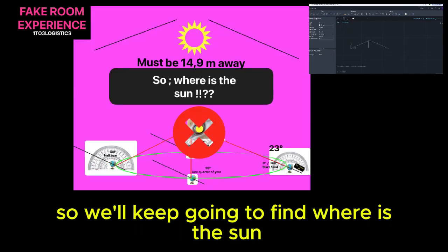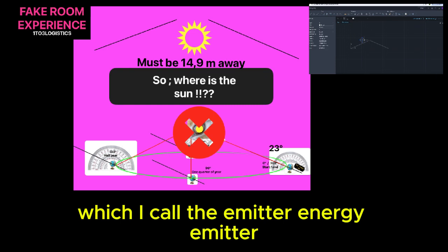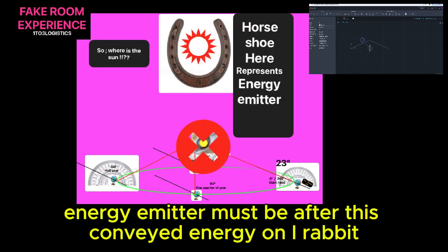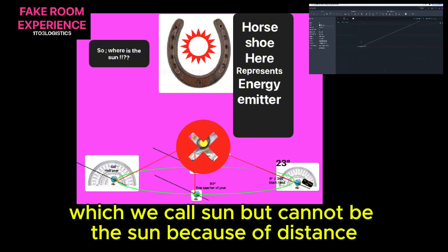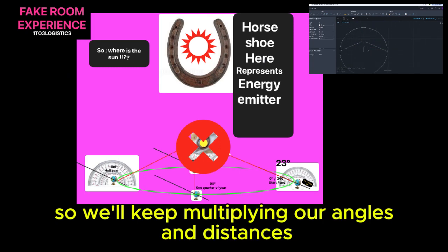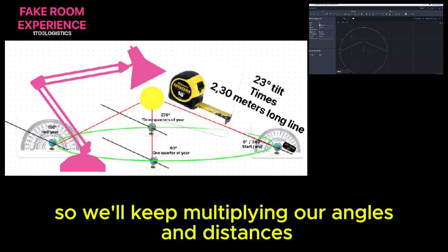So we'll keep going to find where the sun is, which I call the energy emitter. The energy emitter must be after this conveyed energy on the eye of the rabbit, which we call the sun but cannot be the sun because of distance. So we'll keep multiplying our angles and distances.